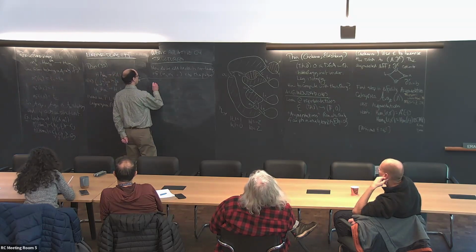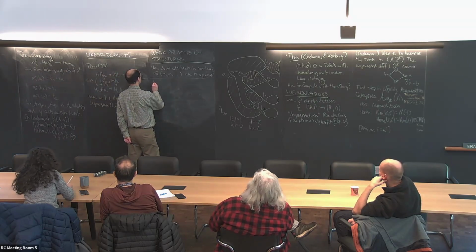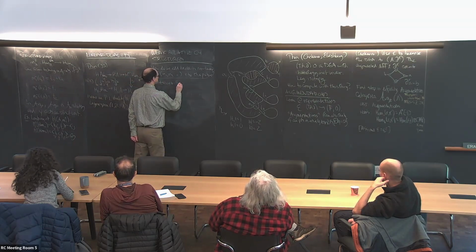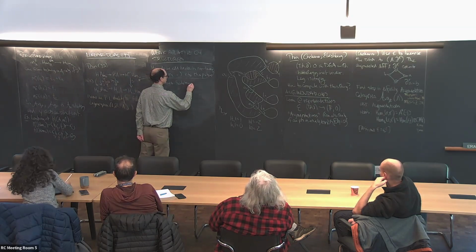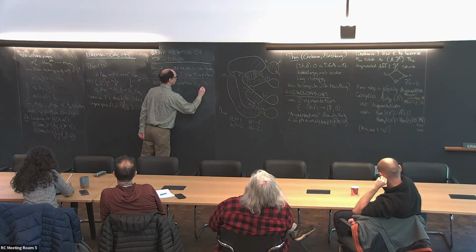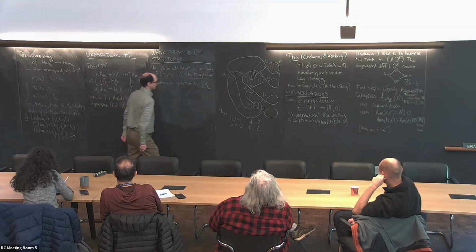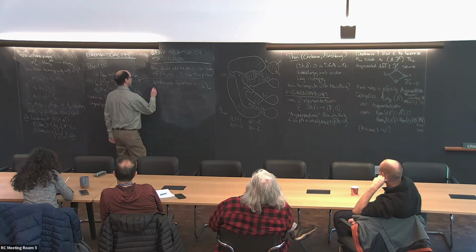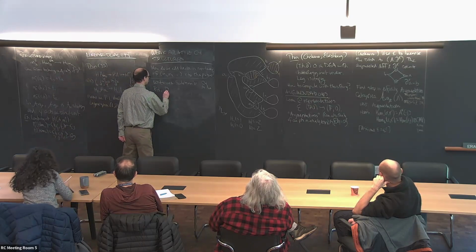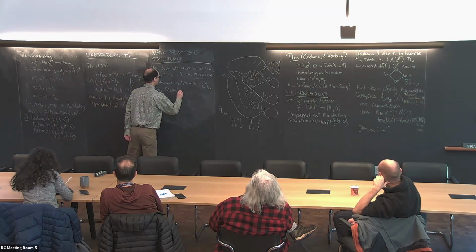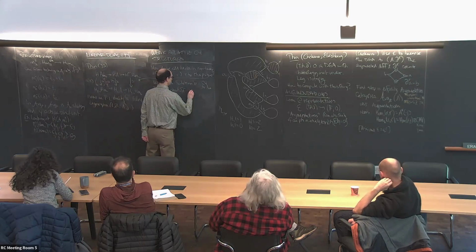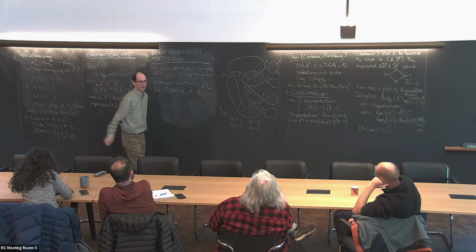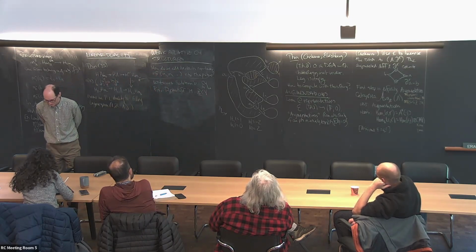So this is Kontsevich Soibelman. So they did the original Calabi-Yau structure for A-infinity structures, and then Dyckerhoff in 2019 sort of did the relative version of this.